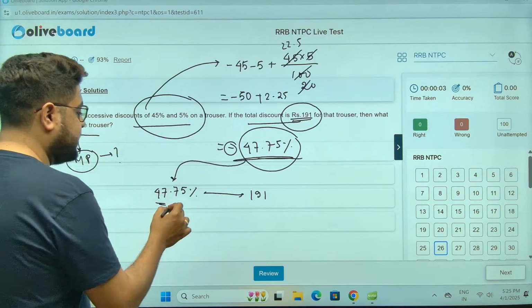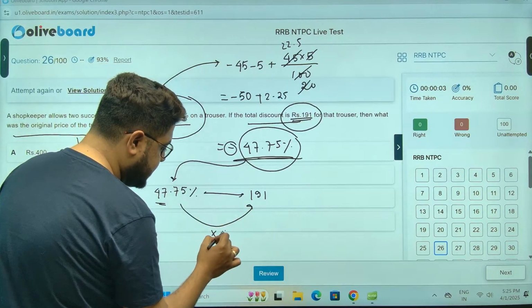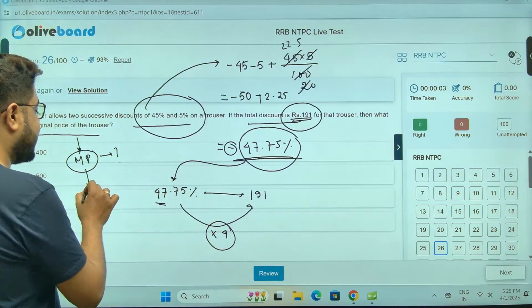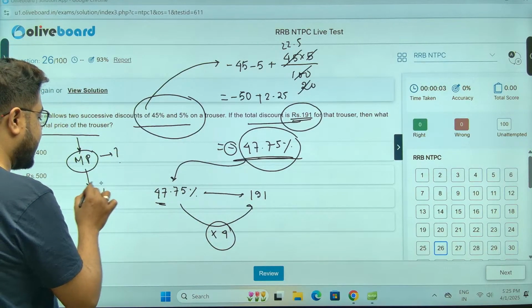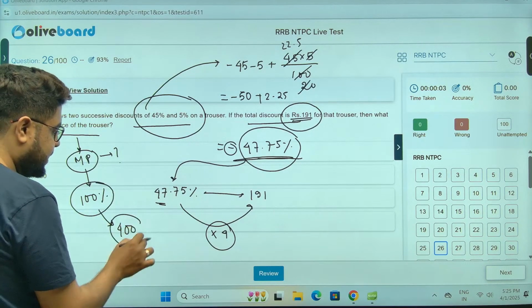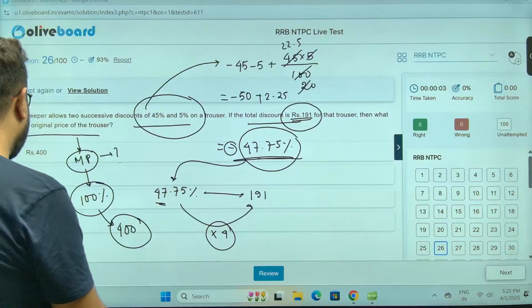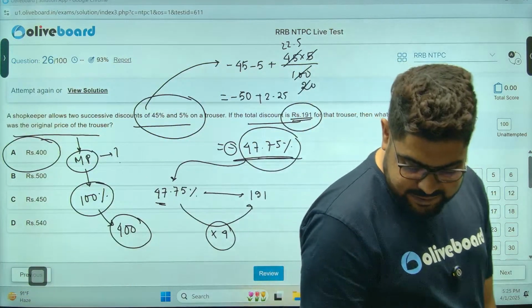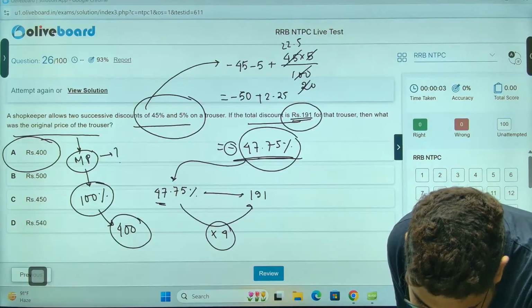Yes sir, this is 4 times, so 1% value is 4. So I need MP, sir, because 100% discount is always calculated on MP. So MP will be 400 rupees. You see, this is 4 times, so 400. Option number A, sir.